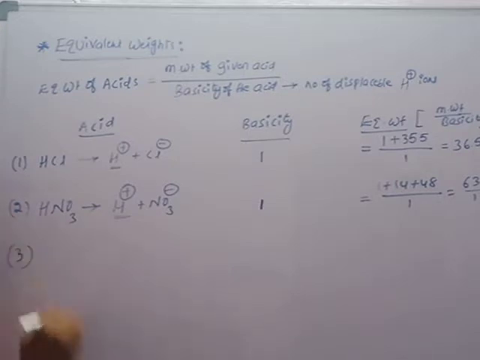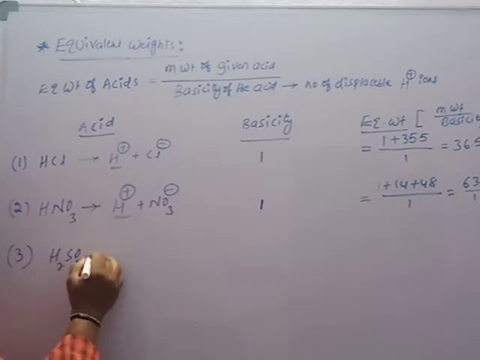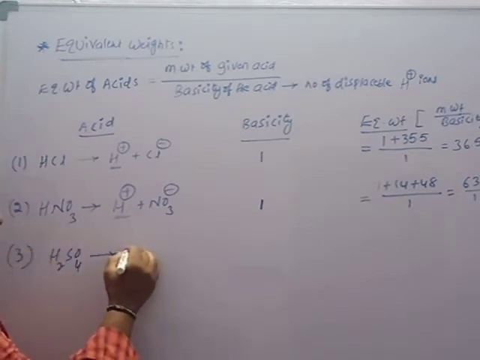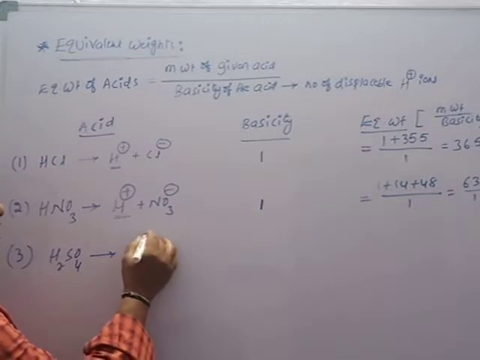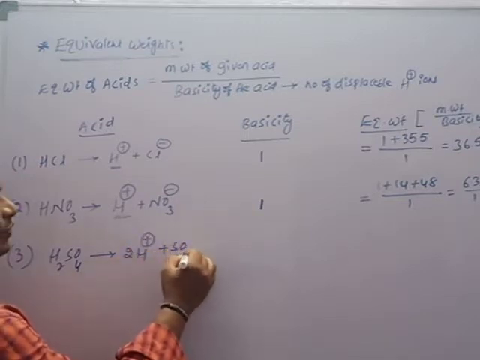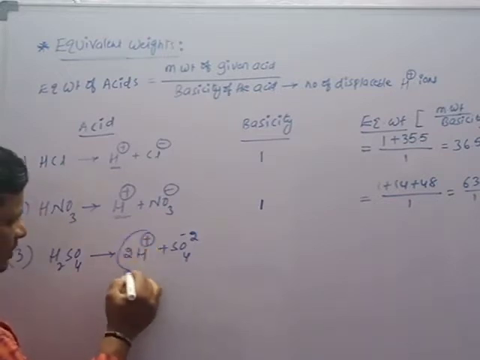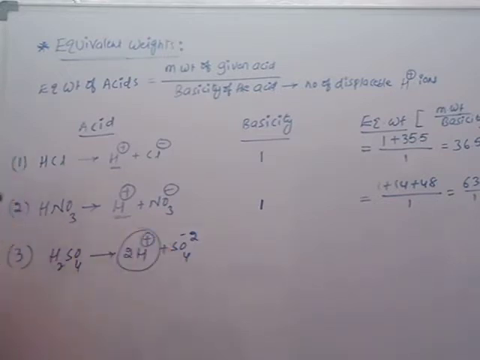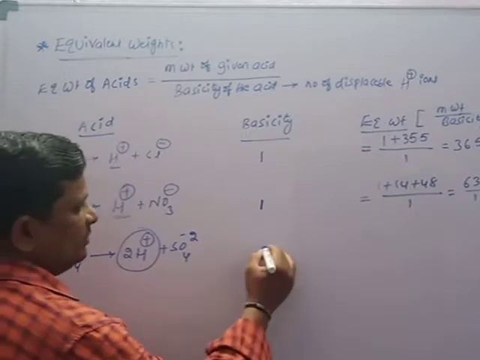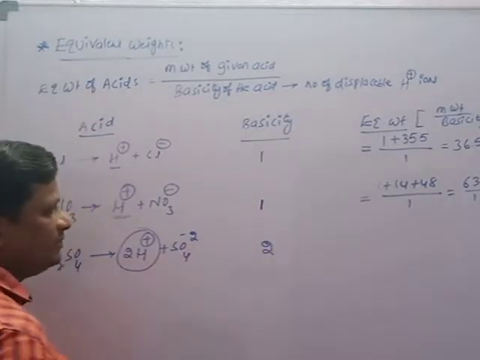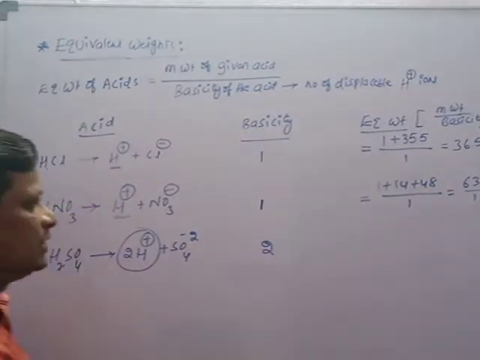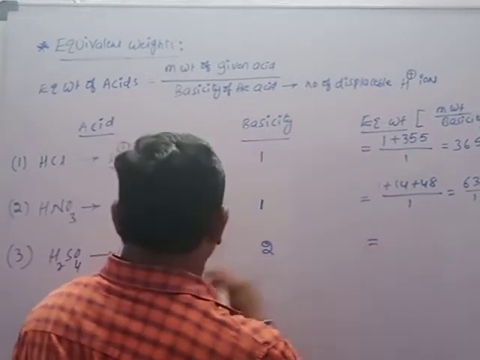Then for example, sulfuric acid, H2SO4. H2SO4 gives rise to 2H plus and SO4 minus 2. The number of displaceable H plus ions is 2, so the basicity is 2. Equivalent weight equals molecular weight by basicity.